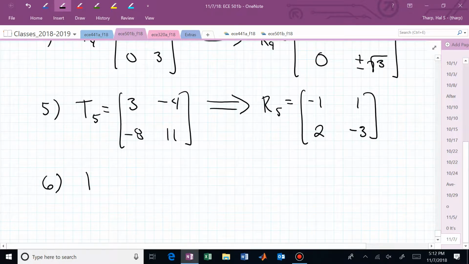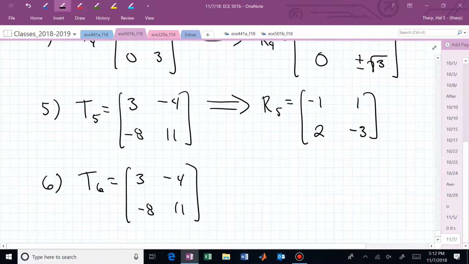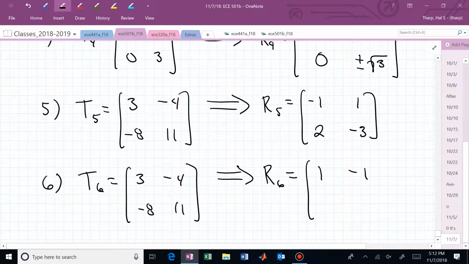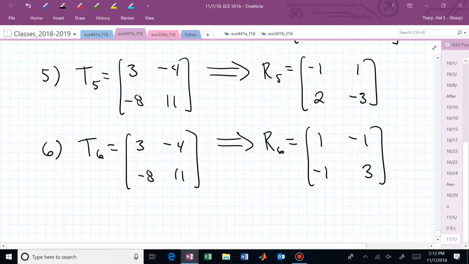We could also say, well, what if I started with the same matrix that I had for T5, but now I wanted to create a different combination of two matrices that yield the same. What if I have 1, minus 1, minus 1, 3? That's a little different, isn't it?